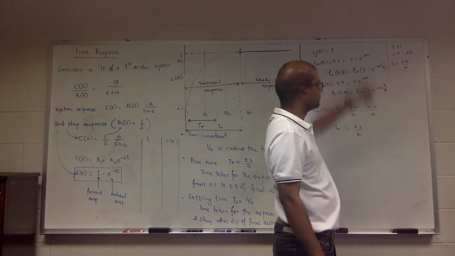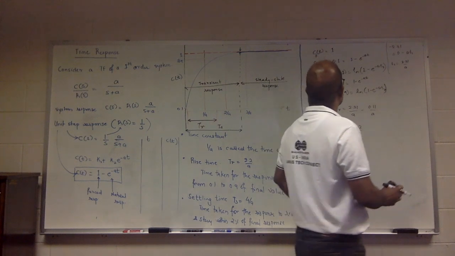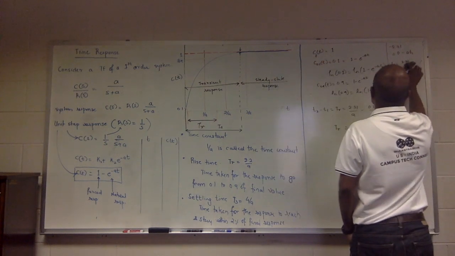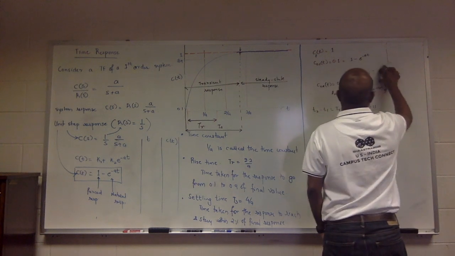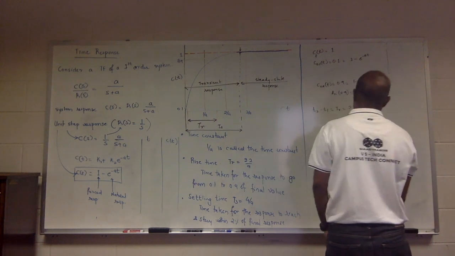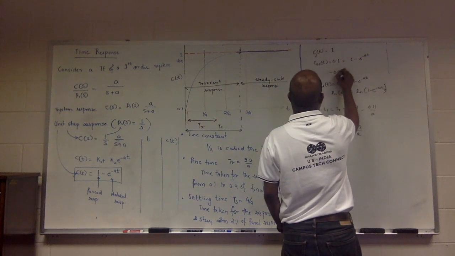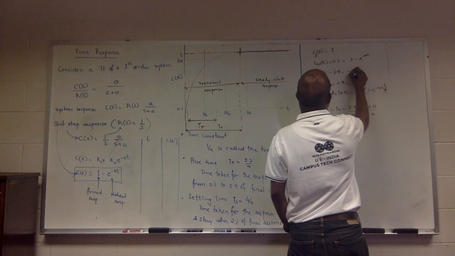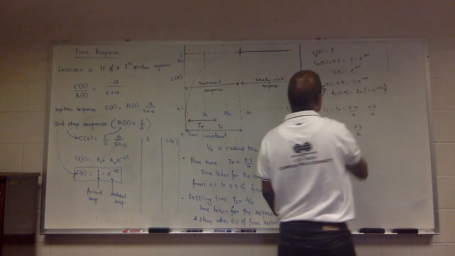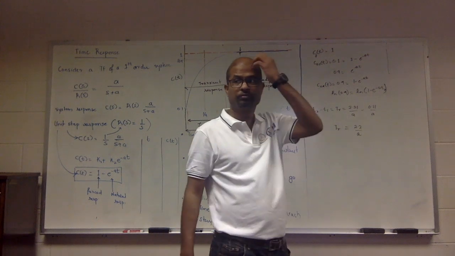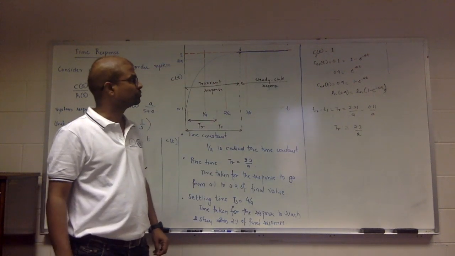Could you not have brought that 1 up there before you did the ln? Yeah, that's actually correct. You're right. That's a very good one. I agree with you. So if you look at minus 0.9 equal to minus e to the power of minus at. Dr. Sunny, you've written C sub something of t. What is that?